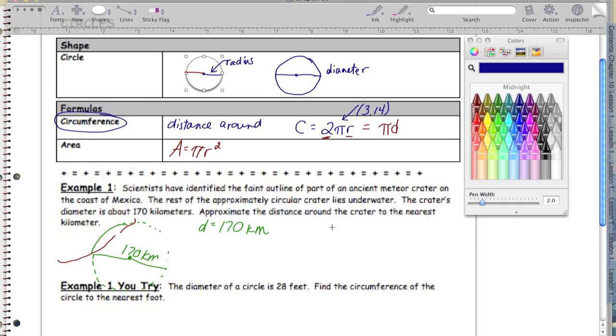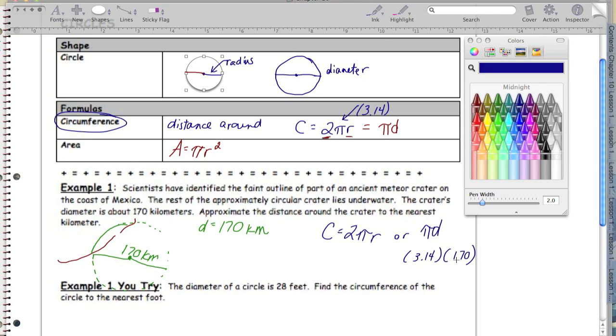So we're going to use the circumference formula, which is circumference equals 2 pi r, or pi times diameter. In this case, it's an excellent example. They're giving us the diameter, so let's just use the second one. Pi is 3.14, diameter is 170, and they want us to round it to the nearest kilometer.